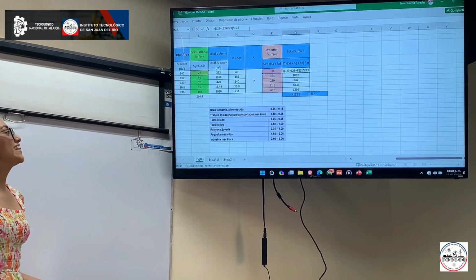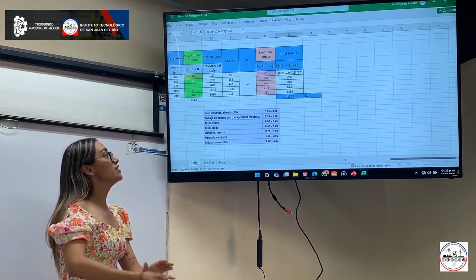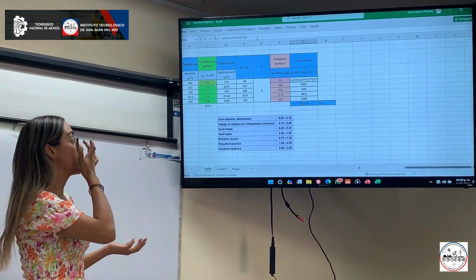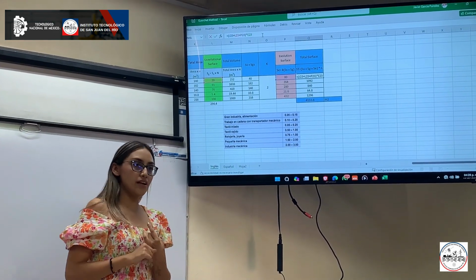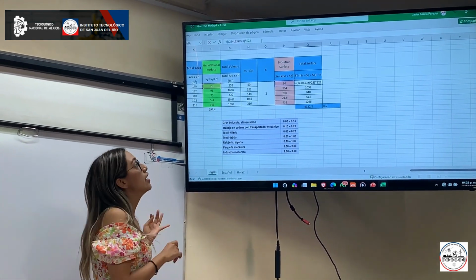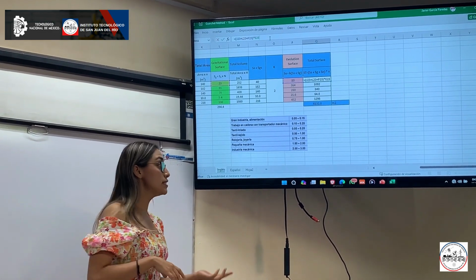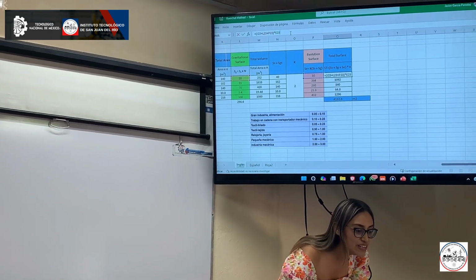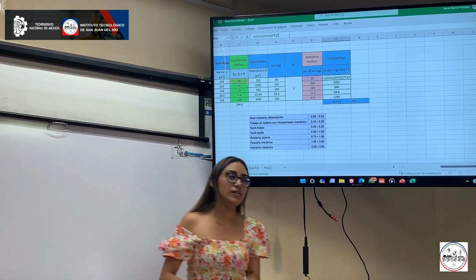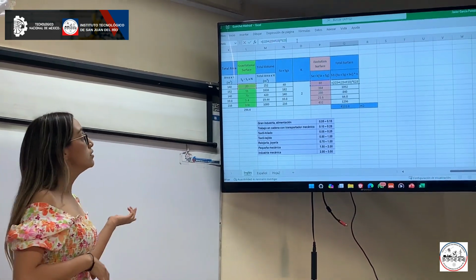To get the total surface, you sum the gravitational, static, and evolution surface and multiply by the quantity of machines.